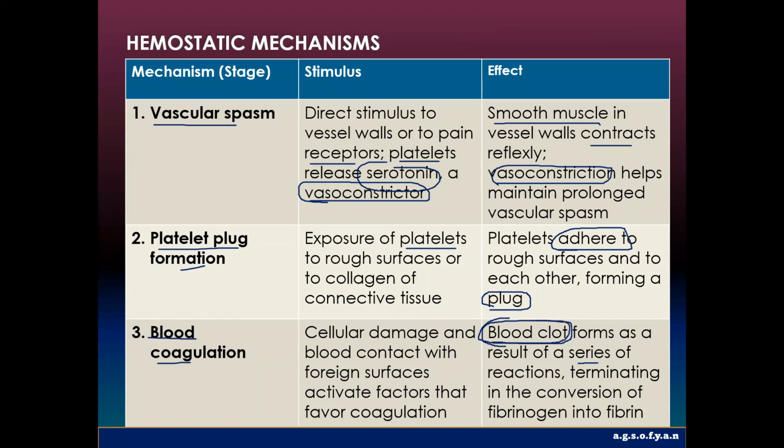The main event is the conversion of fibrinogen, a plasma protein that is mostly dissolved so you cannot see it. When it is converted into fibrin, it becomes a thread-like protein, and again it will seal the damaged blood vessel.